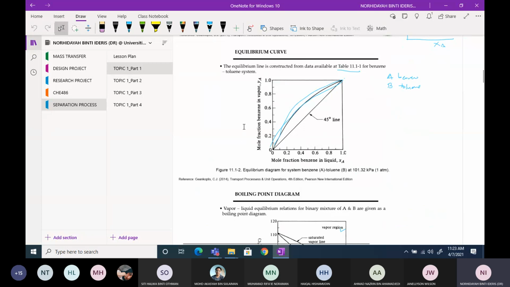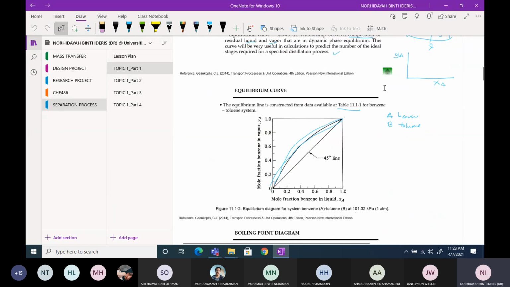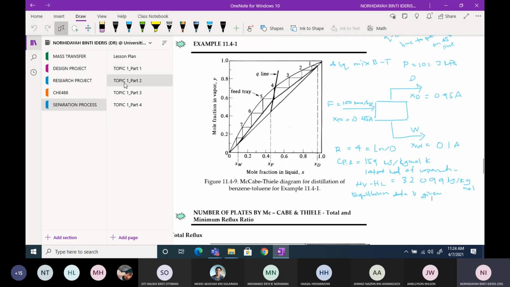This is the equilibrium data for the benzene and toluene system. If you refer inside the book, table 11.1-1, you need to replot this graph to solve for this problem. So refer to this table, and this is the one that you should get. This is the curve lah.